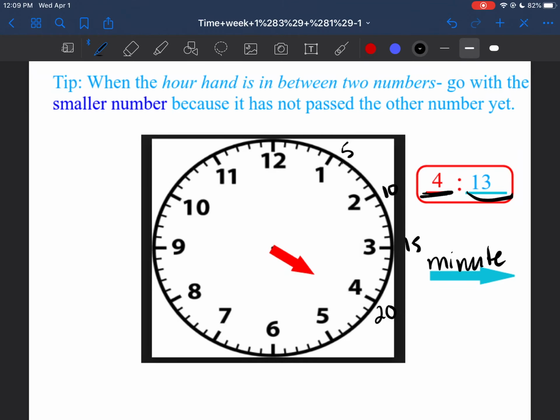Remember, the spaces in between on your clock, the tick marks, represent 1 minute. So if this is 5, 6, 7, 8, 9, 10, 11, 12, 13, 14, 15. I can stop there because I want to represent 13. I'm going to draw my minute hand out to my 13, and I have now represented 4:13.